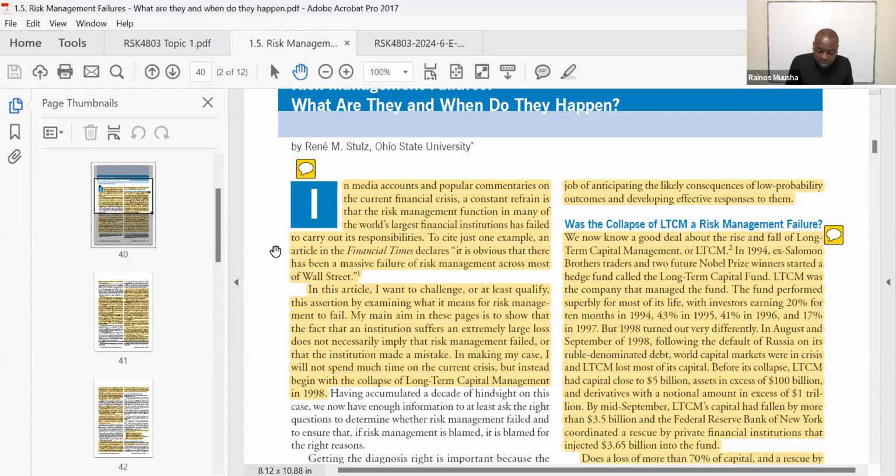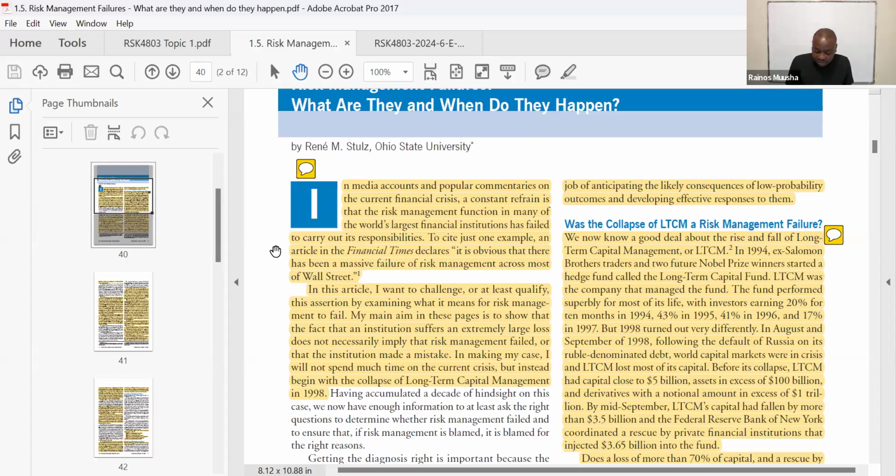My main aim in these pages is to show that if an institution suffers an extremely large loss, it does not necessarily imply that risk management failed or that the institution made a mistake.